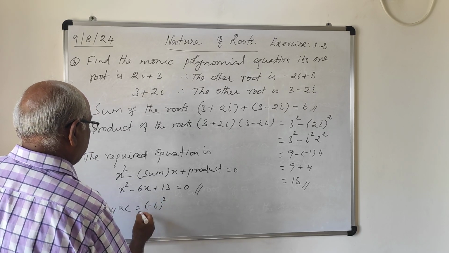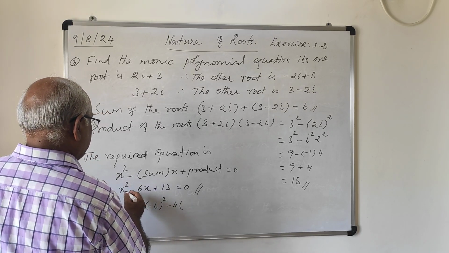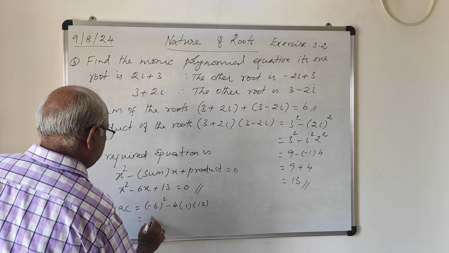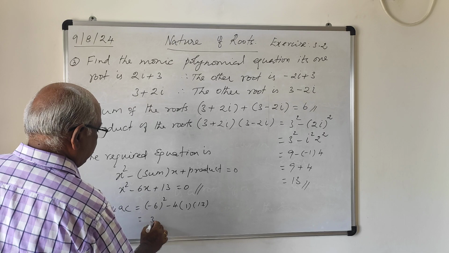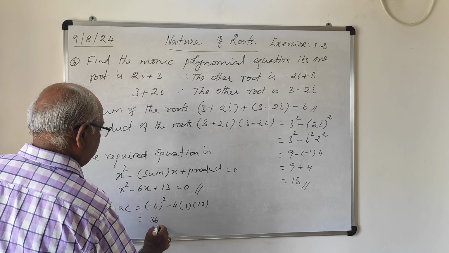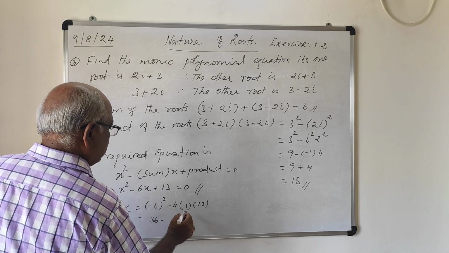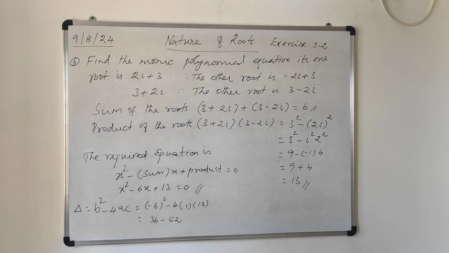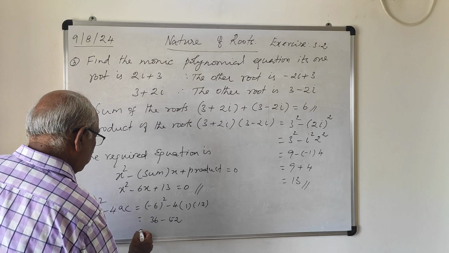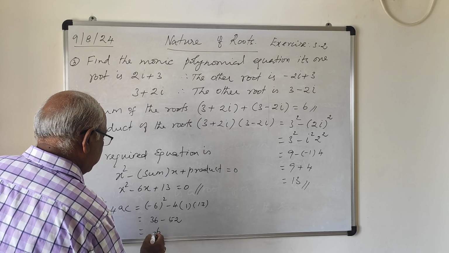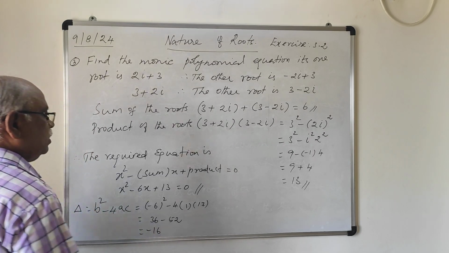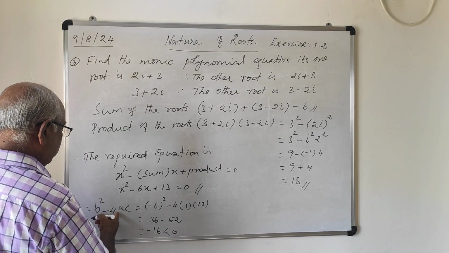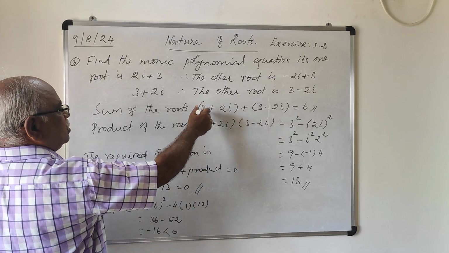Minus 6 whole square is 36. b square minus 4ac: a is 1, c is 13, so 4ac is 52. 36 minus 52 is minus 16, so it is less than 0. So delta, b square minus 4ac, is less than 0, so the roots are imaginary.